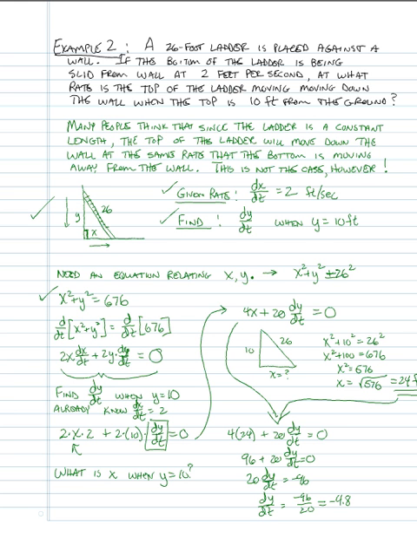Here's the first thing that we need to realize. When we came back up here, when we talked about this given rate that we started with, if we look at that, the x value is getting bigger, isn't it? When we start pulling that ladder away from the wall, that x value is increasing, getting bigger.